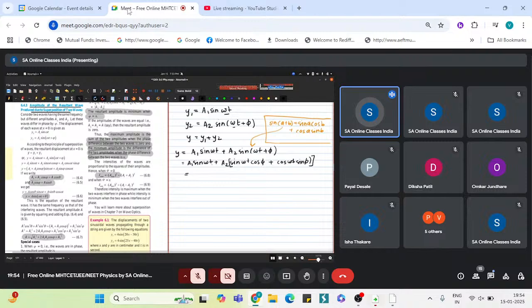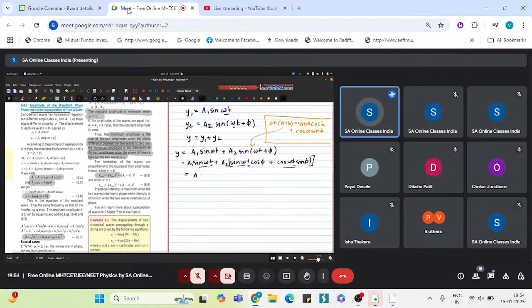Now the variable here is t. So t is the variable in all cases, and the phi terms, cos phi and sin phi, are going to be constant. So we need to collect the terms with similar variables. The sin omega t terms will be collected, and the cos omega t will stay separate.